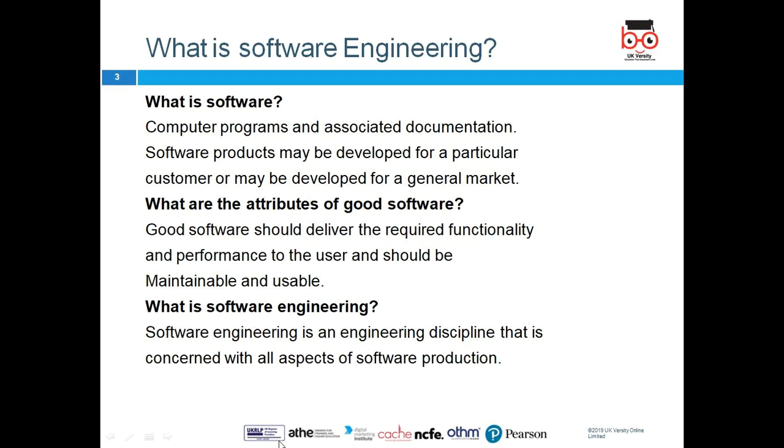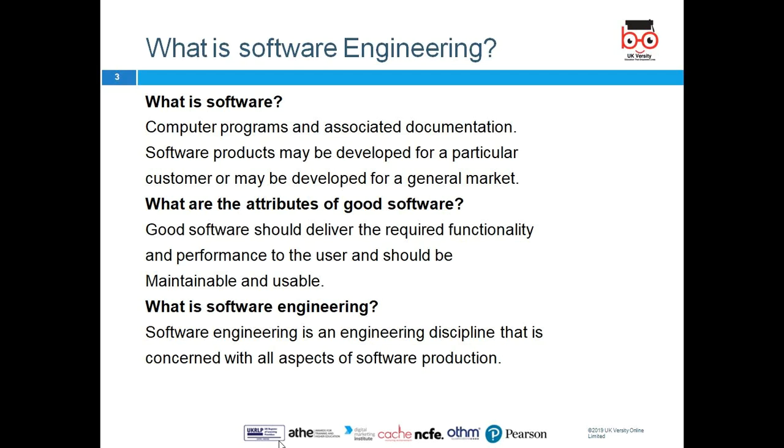What are the attributes of good software? Good software should deliver the required functionality and performance to the user and should be maintainable and usable. If as a user your requirement is fulfilled, it's good software. If it is maintainable, it's good software. If it is usable and easy to use, it's good software.